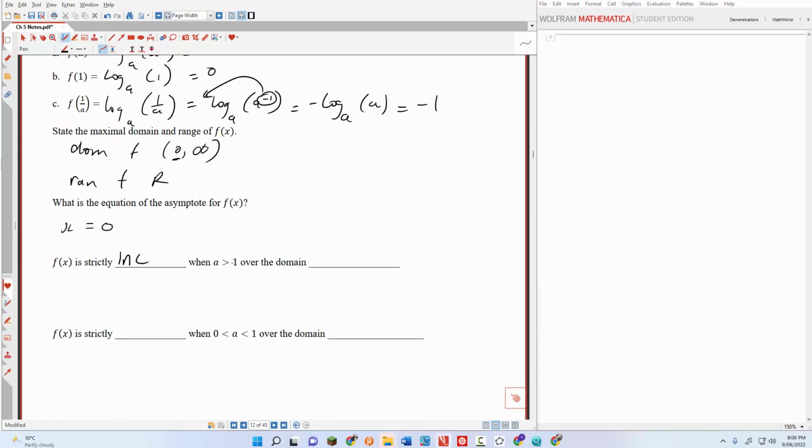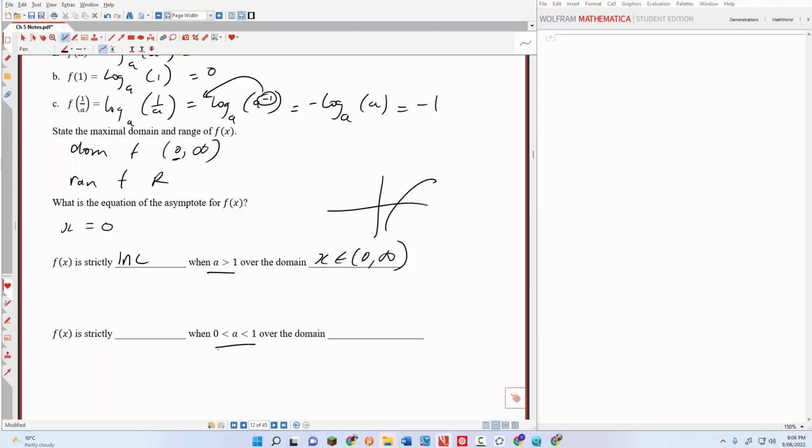If the log base is greater than 1, we're going to get this happening, and so we're going to say it's strictly increasing over the domain of x an element from 0 to positive infinity. So it just keeps increasing, basically.